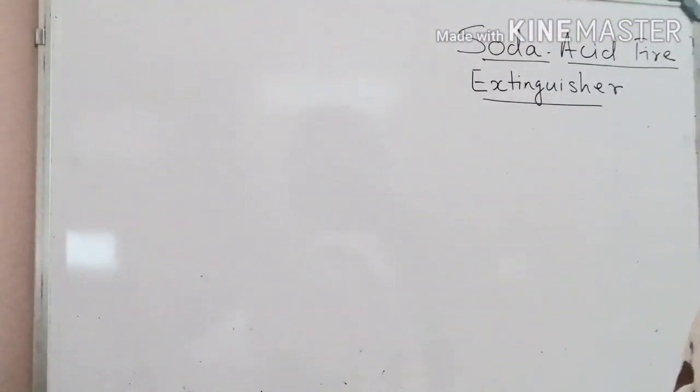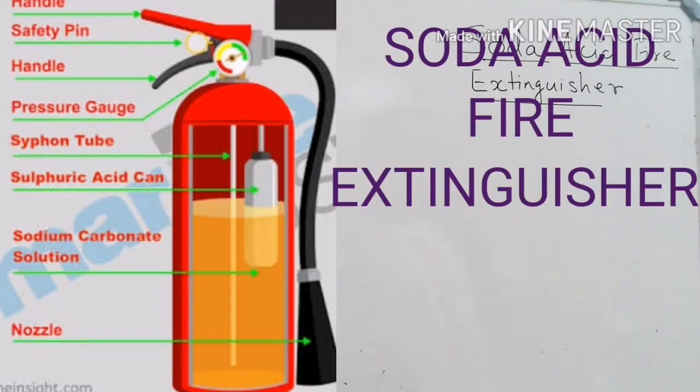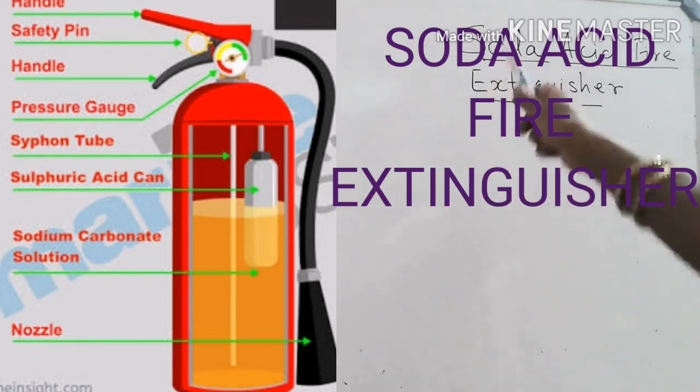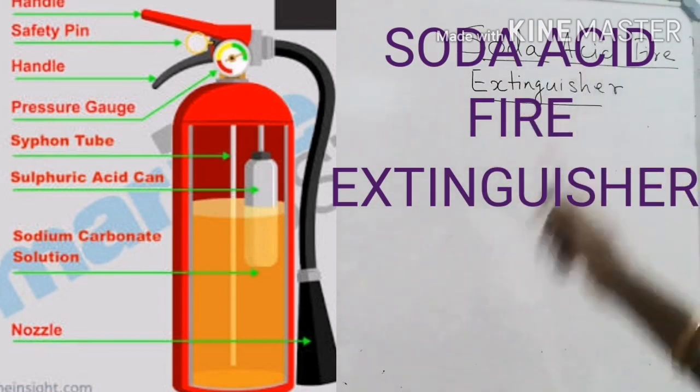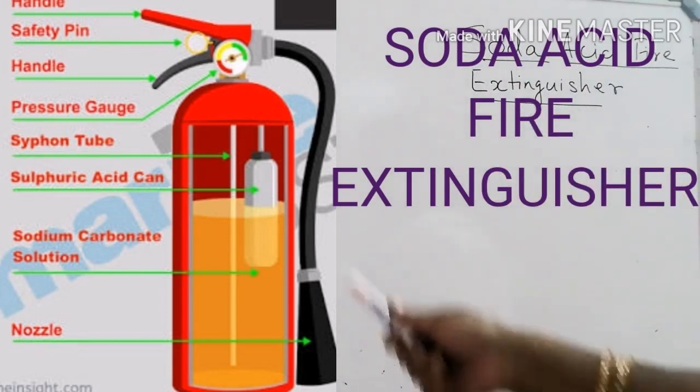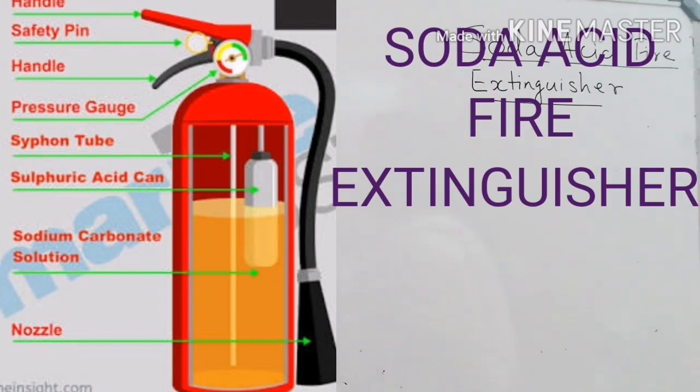One of the important applications of the reaction between acid and sodium hydrogen carbonate is in the construction of the soda acid fire extinguisher. Soda acid fire extinguisher, you can see in the diagram, is a metal cylinder painted in red color. The cylinder contains a strong solution of sodium hydrogen carbonate.